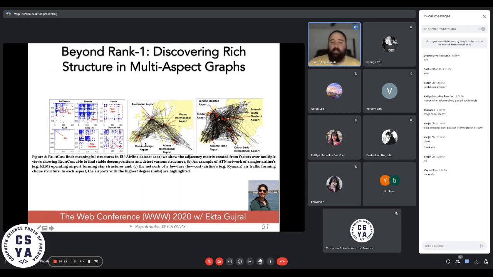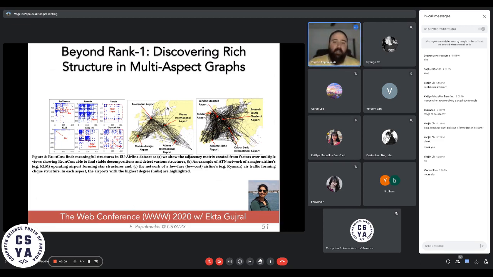And so we analyzed the network of airports, where basically two airports are connected with an edge if they have a flight connecting them, right? And we found an interesting phenomenon through this analysis, where there are two kinds of airports and two kinds of emerging structures that connect them.